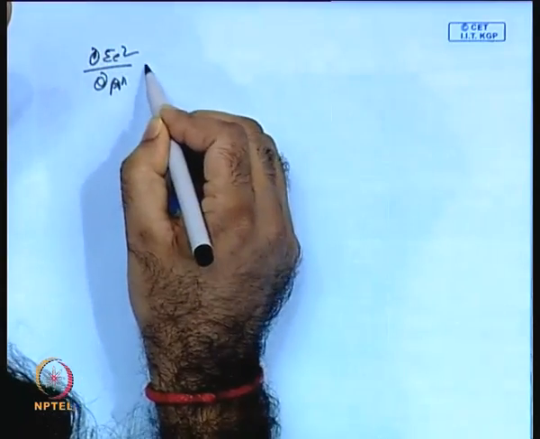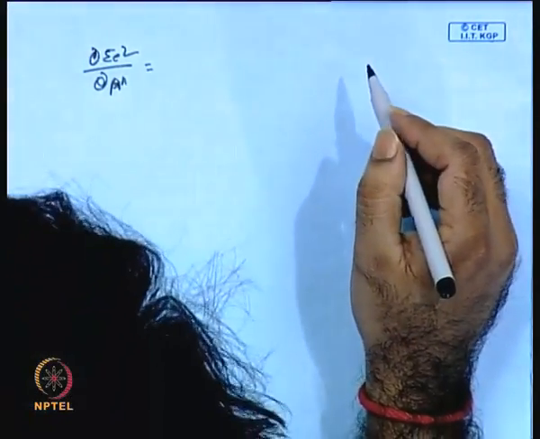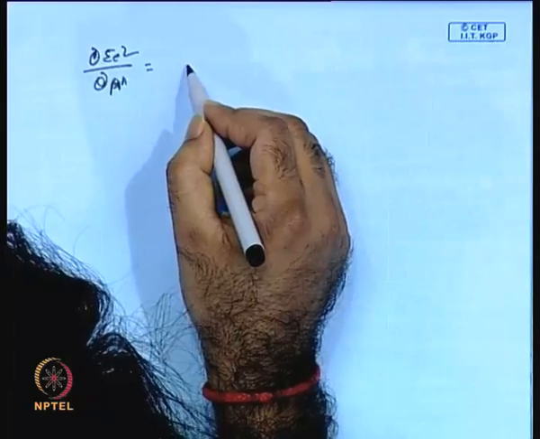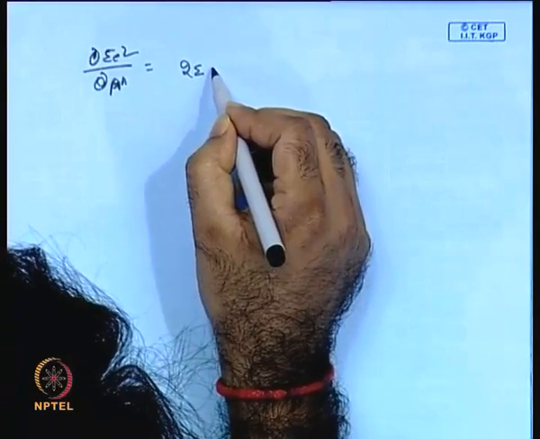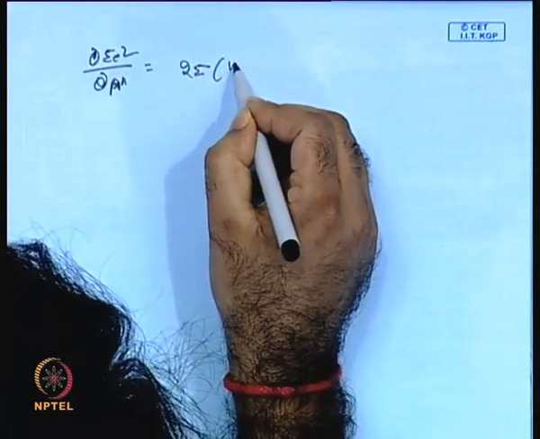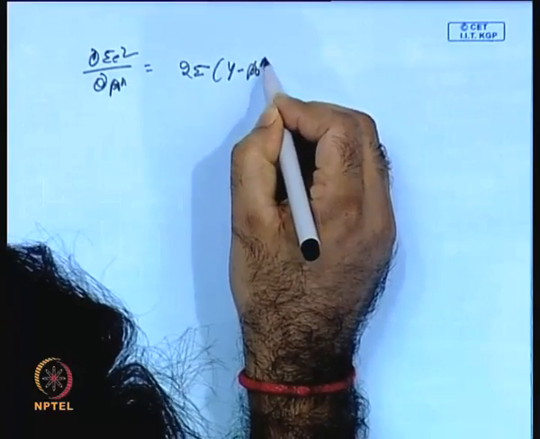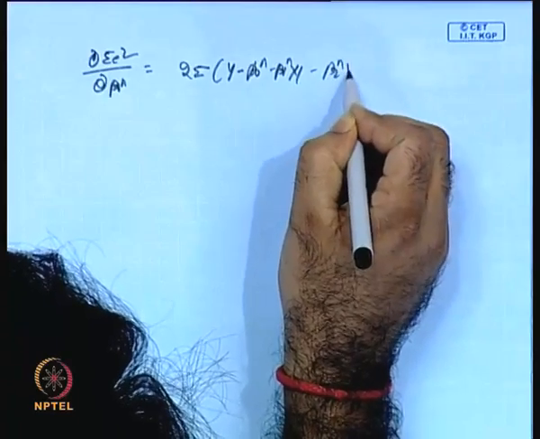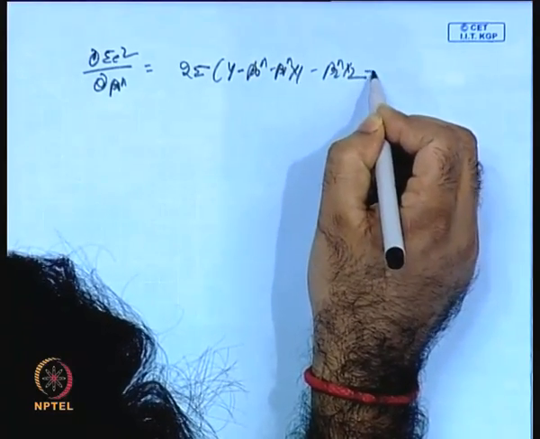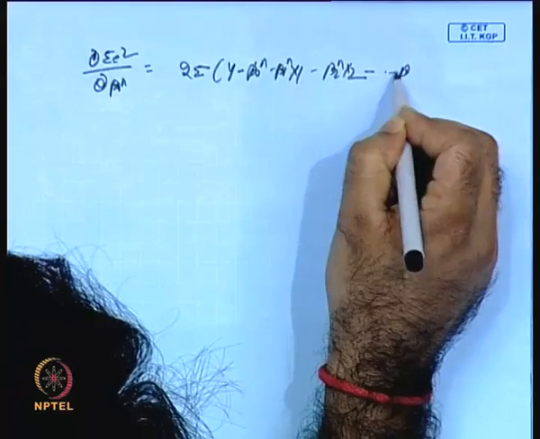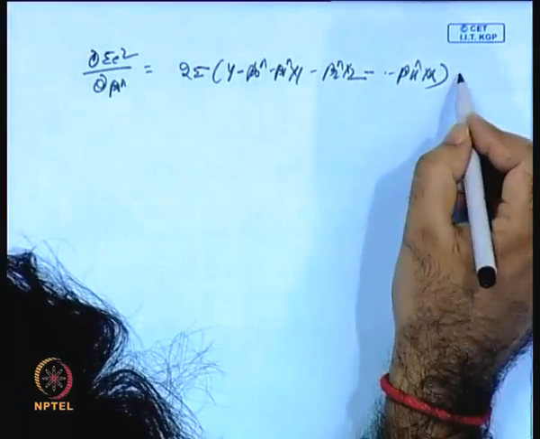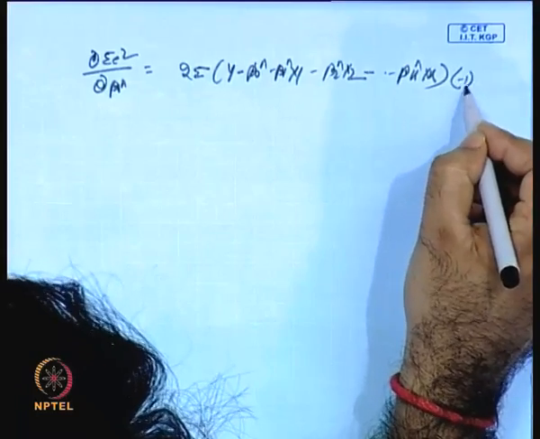It is equal to summation 2 summation y minus beta 0 head minus beta 1 head x1 minus beta 2 head x2, minus beta k head xk, into minus 1, is equal to 0.